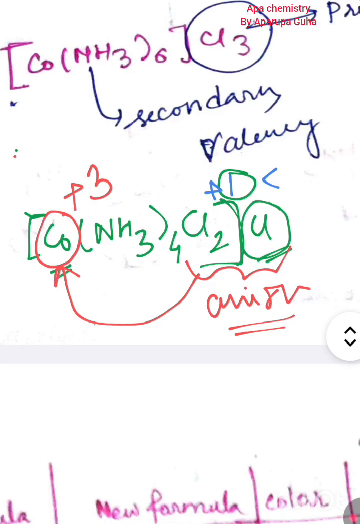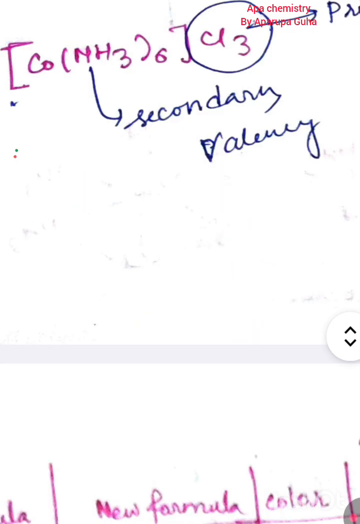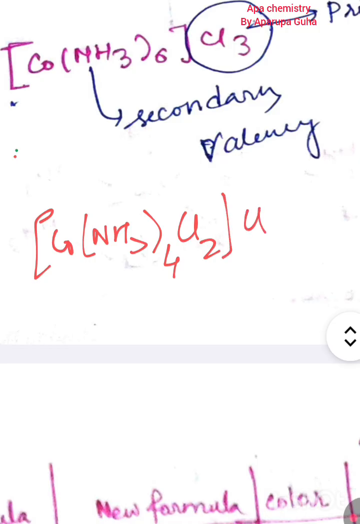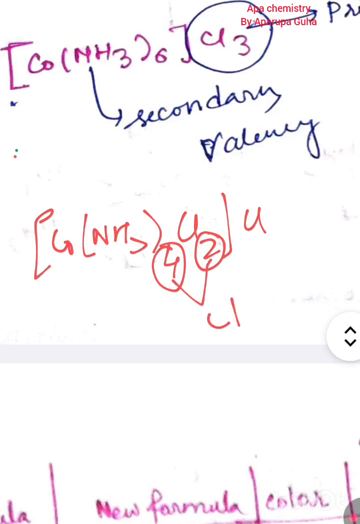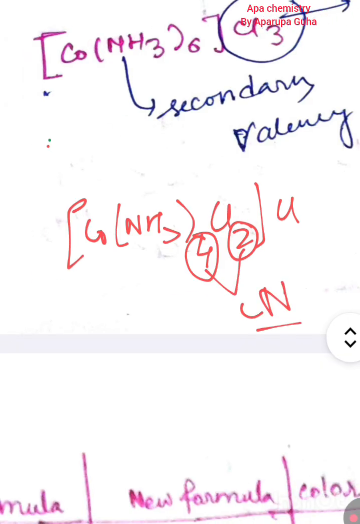And now we have to go to primary valency and secondary valency. There must be the coordination [Co(NH3)4Cl2] and there must be Cl. So there must be this 4 and this 2. Inside of the coordination sphere, this number of ligands gives the idea of the coordination number. Okay, and that is called secondary valency, SV means secondary valency.